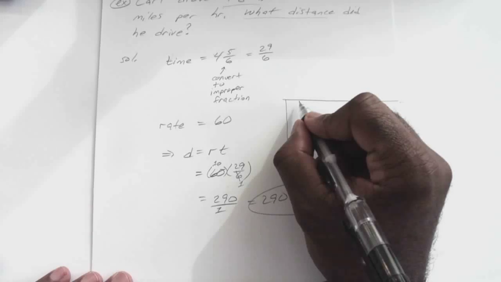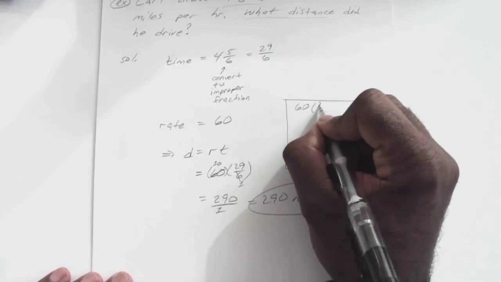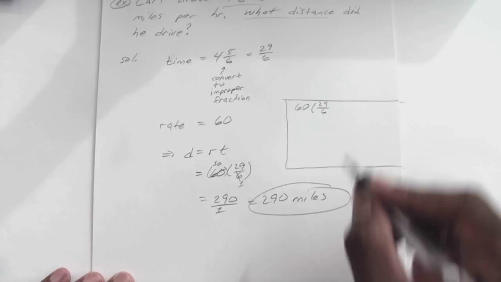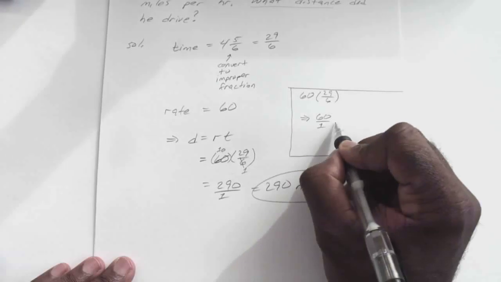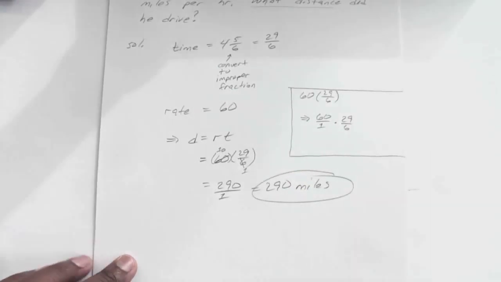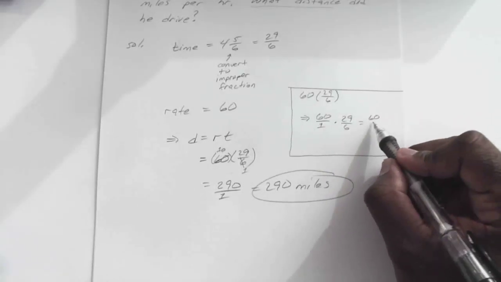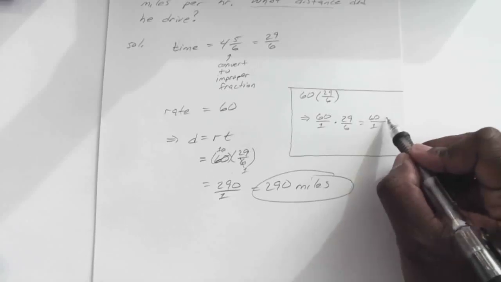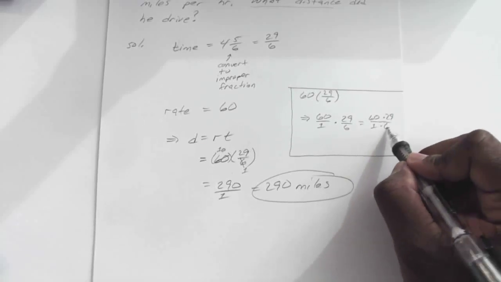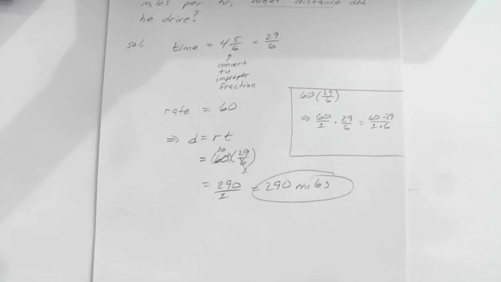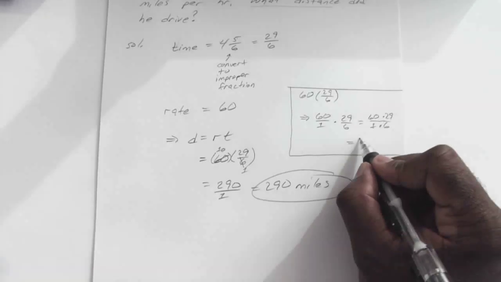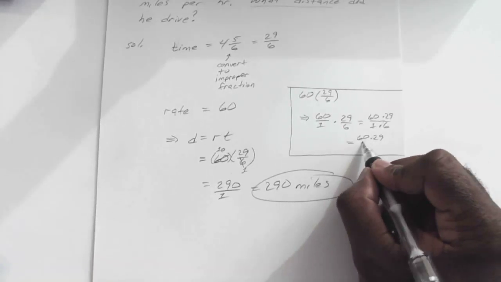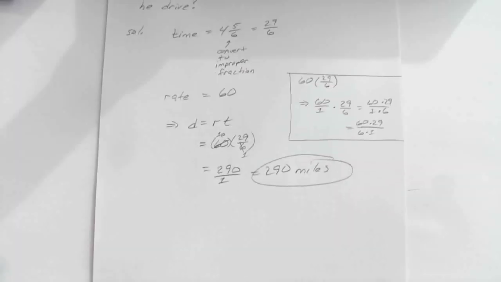Yep. Okay. So if you have 60 times 29 over 6, that's just like saying 60 over 1 times 29 over 6. Okay? So remember, when you're multiplying, you can just switch them right up. So you have 1 and 6, you can switch those up. So you have 60 times 29 over 6 times 1.